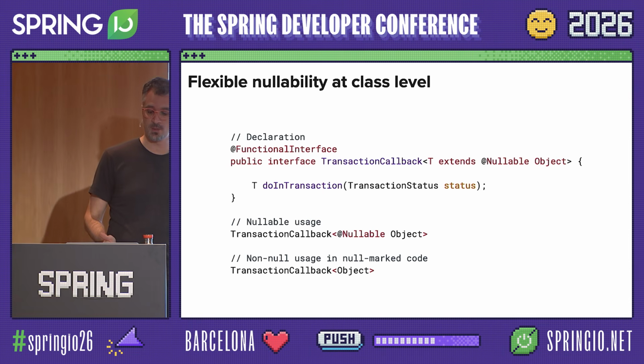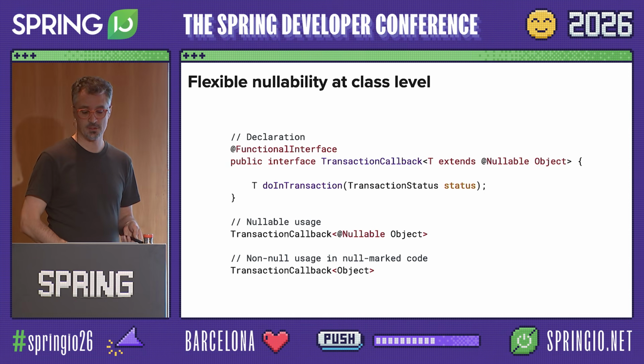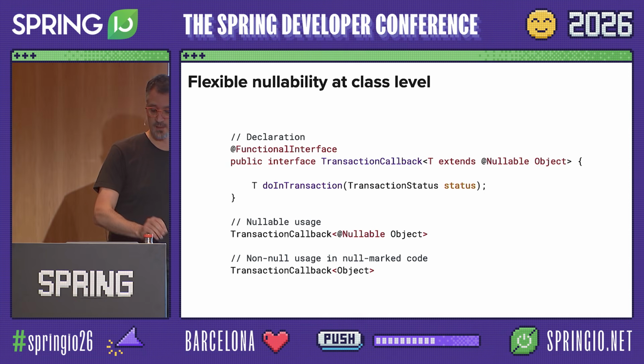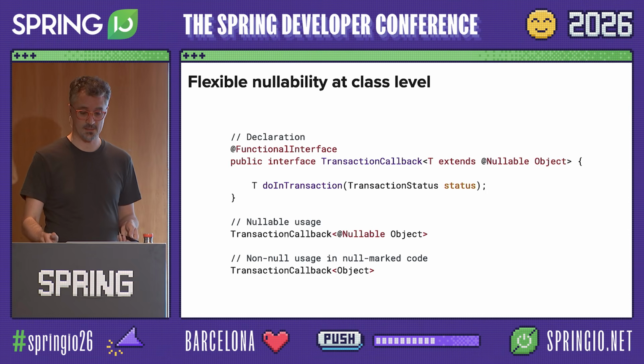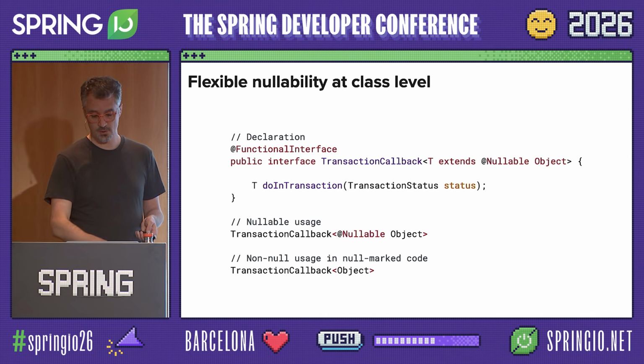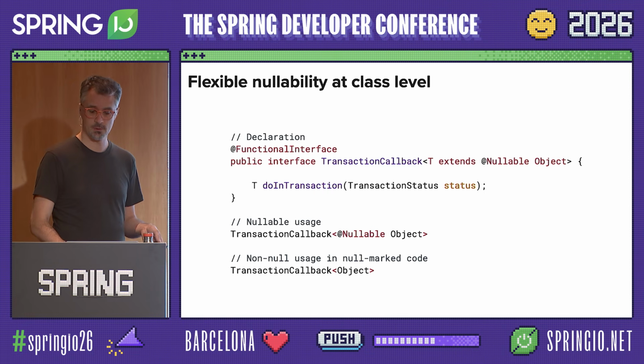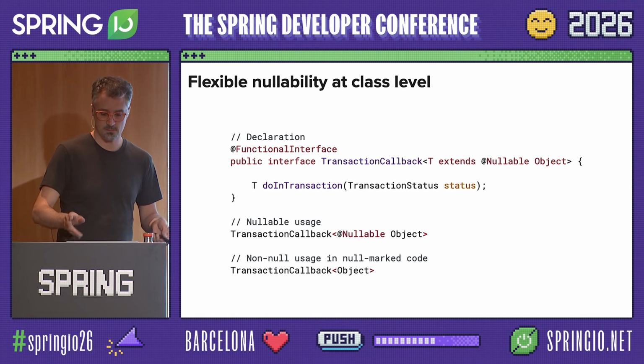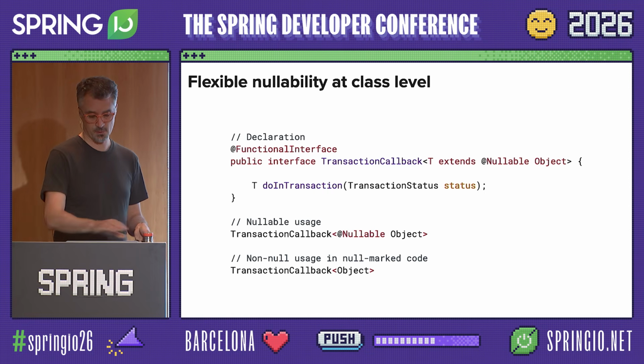The differentiation will be done when I declare a TransactionCallback. If I declare TransactionCallback<@Nullable Object>, that means that the return value will be nullable. If I declare something like TransactionCallback<Object> in null-marked code, that means that this is implicitly non-null, so the return value will be non-null.